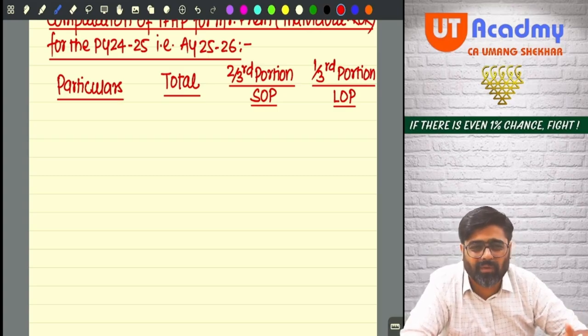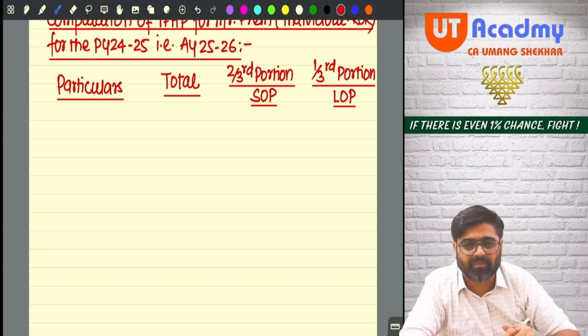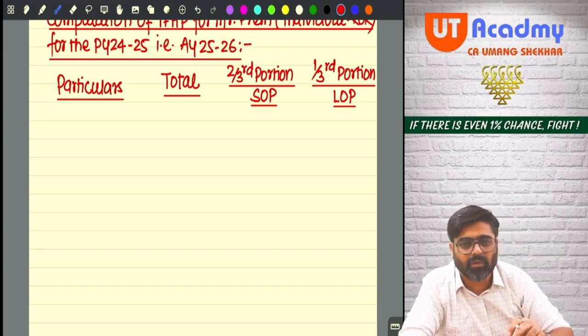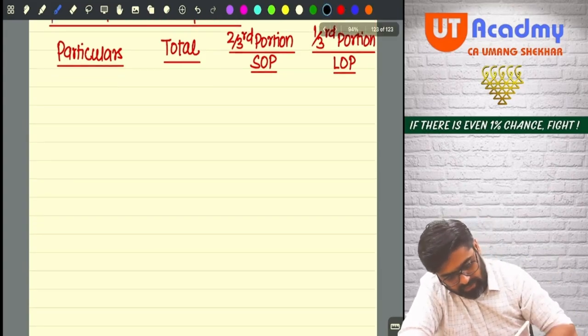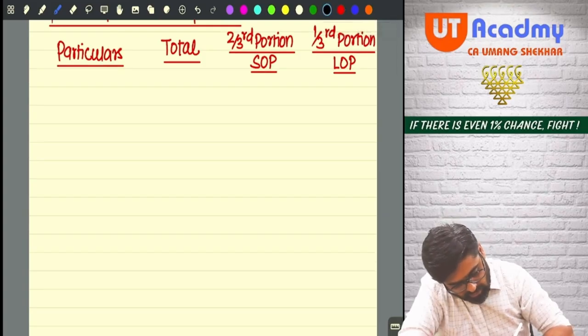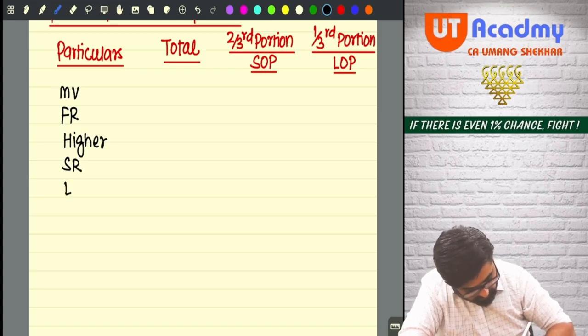Now what will you do? Municipal value, fair rent and everything, write in the particulars column. Then we'll put the amounts in the amount column. That's it. Okay. Come on. Let's see. First one is municipal value. Then fair rent. Then whichever is higher compared with standard rent.